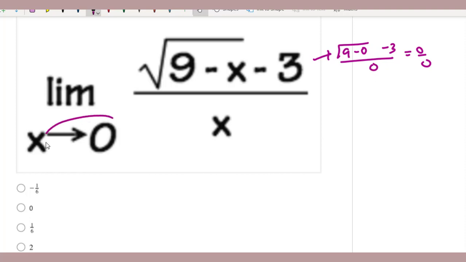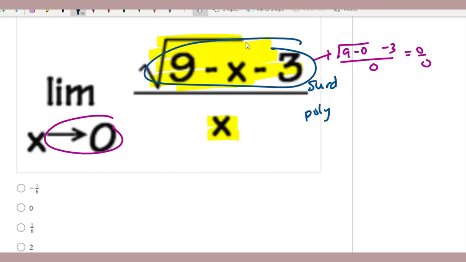When x approaches a value and this is an indeterminate form with a square root over polynomial, or polynomial over square root, you have to multiply by the conjugate. Okay, let's try.